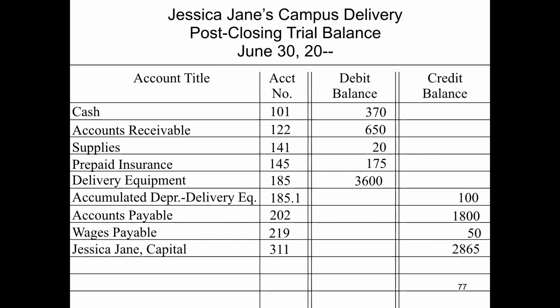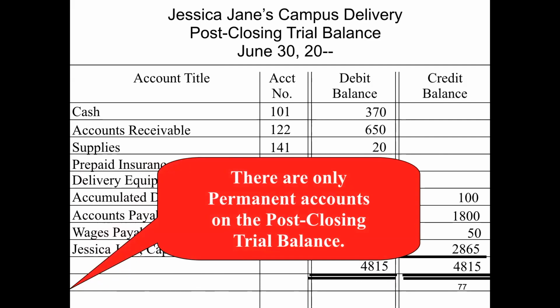So you'll see here, the balance of Jessica Jane Capital is not the beginning balance, but the ending balance. Now we can calculate the total balances. If you observe, revenues, expenses, and withdrawal accounts are not included anymore because they have 0 balances. So take note, there are only permanent accounts on the post-closing trial balance.